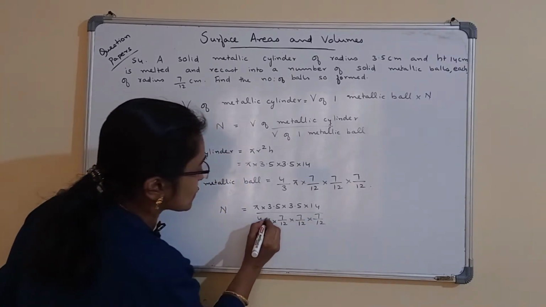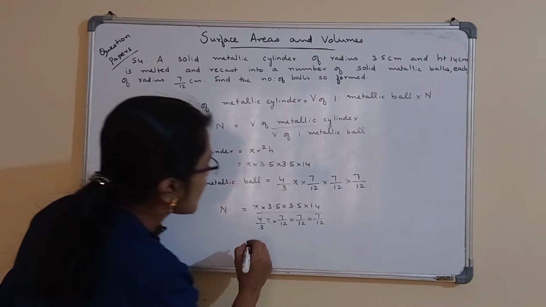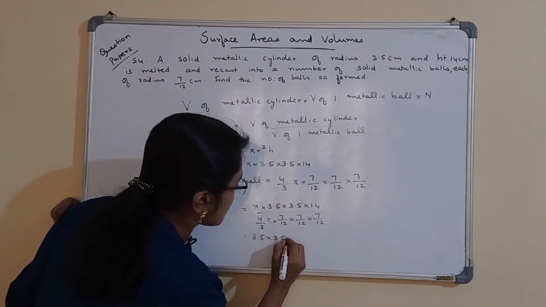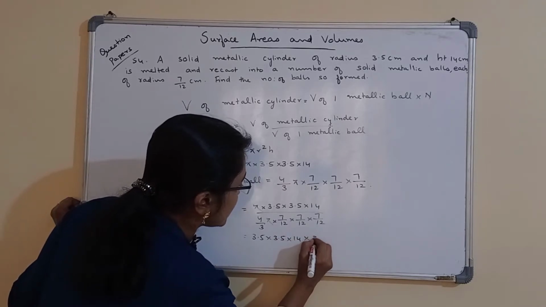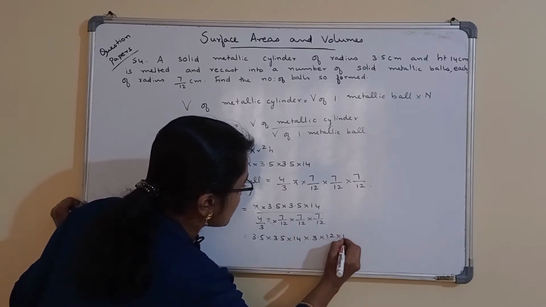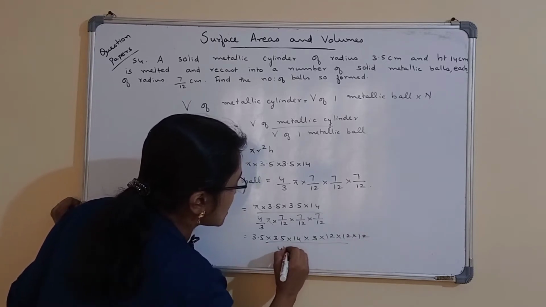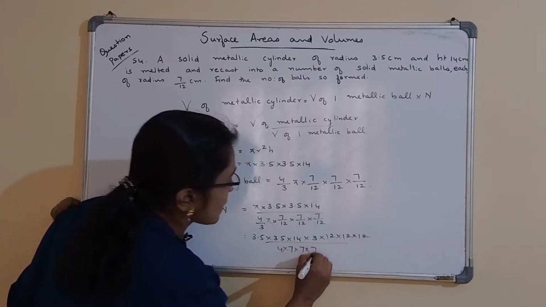And that is equal to, pi and pi will get cancelled. And we'll get this as 3.5 into 3.5 into 14 into 3 into 12 into 12 into 12 by 4 into 7 into 7 into 7.